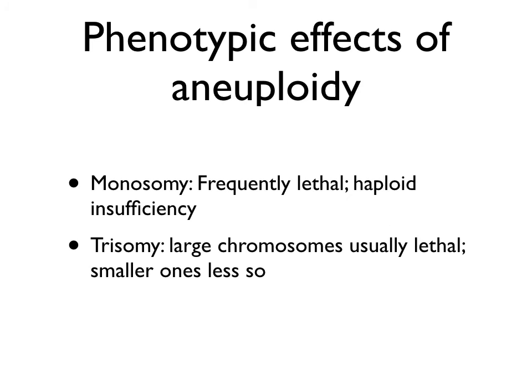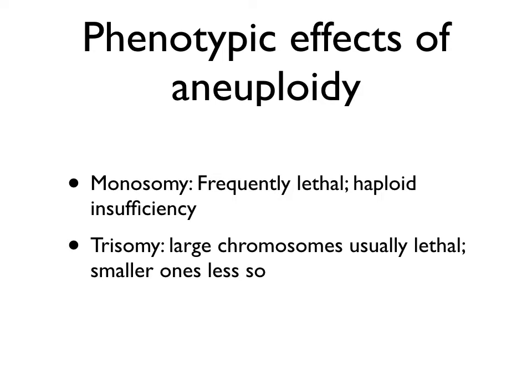Well, monosomy is frequently lethal, okay? It's most often lethal, and there are few instances that I'm aware of other than the Turner syndrome, in which offspring have only one sex-determining chromosome, a single X, okay? That's the only instance of monosomy that humans survive.